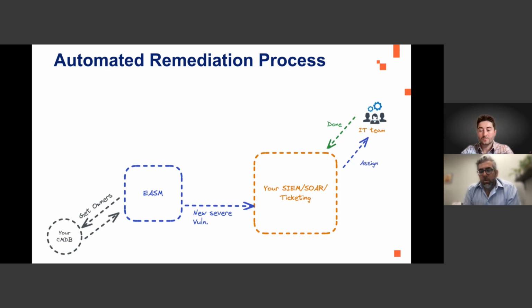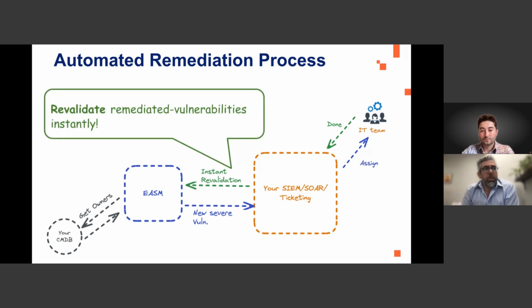But another important part here is when it's done and the team reports that the vulnerability was remediated, you want to make sure that it was really remediated. And I want to share with you that in many cases, if we look at the MTTR, a good ESM solution can help you with prioritization, knows who's the owner.